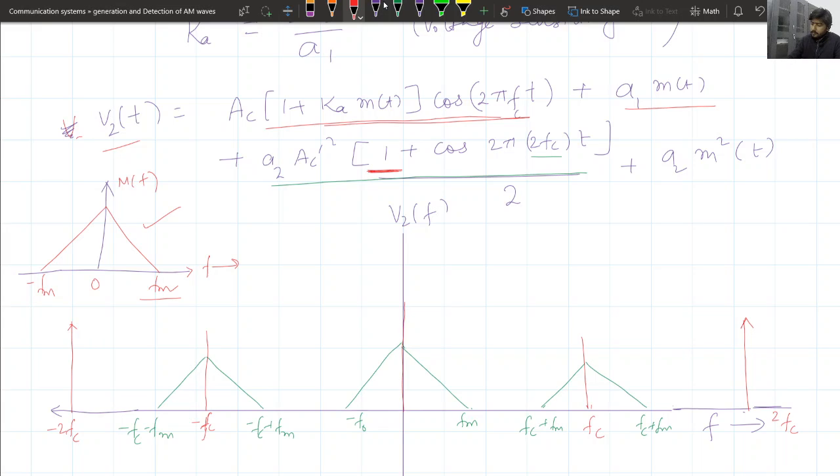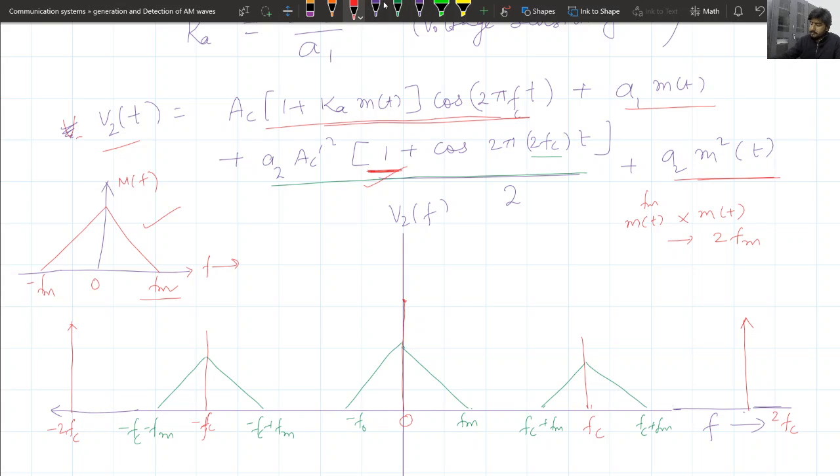Further here, frequency is 0, and the rest we are left with m square t, or m(t) multiplied by m(t) will give 2 times the maximum value of the frequency. If it has got a frequency fm maximum value, then it is situated around the zero frequency.